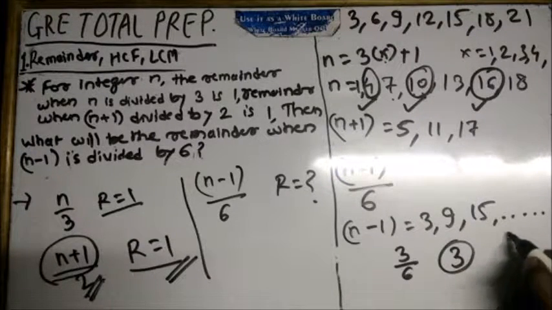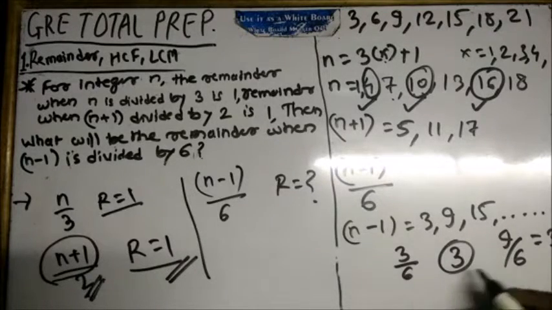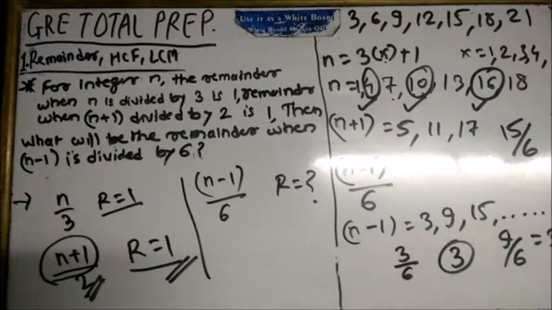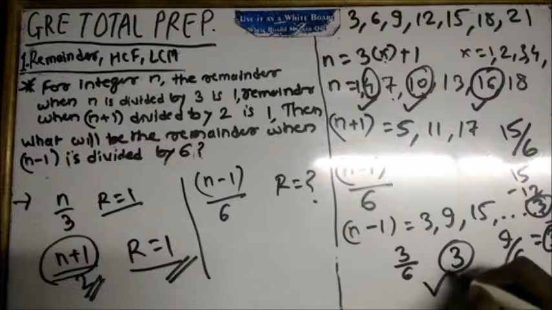When 9 is divided by 6, the remainder is 3, because 6 ones are 6, and 9 minus 6 is 3. When 15 is divided by 6, 6 twos are 12, so 15 minus 12 is equal to 3. In all the cases, the remainder is 3.